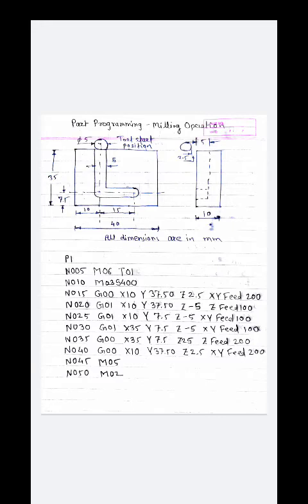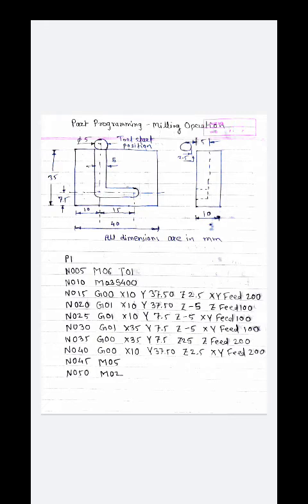Here P1. Okay, P1 is the program identification number. Next step, sequence number N005 M06, that is for a tool change. If any previous tool is there, we are going to change it to our current tool, which we hold as T01 end mill cutter. Okay, now after that we have selected our tool.